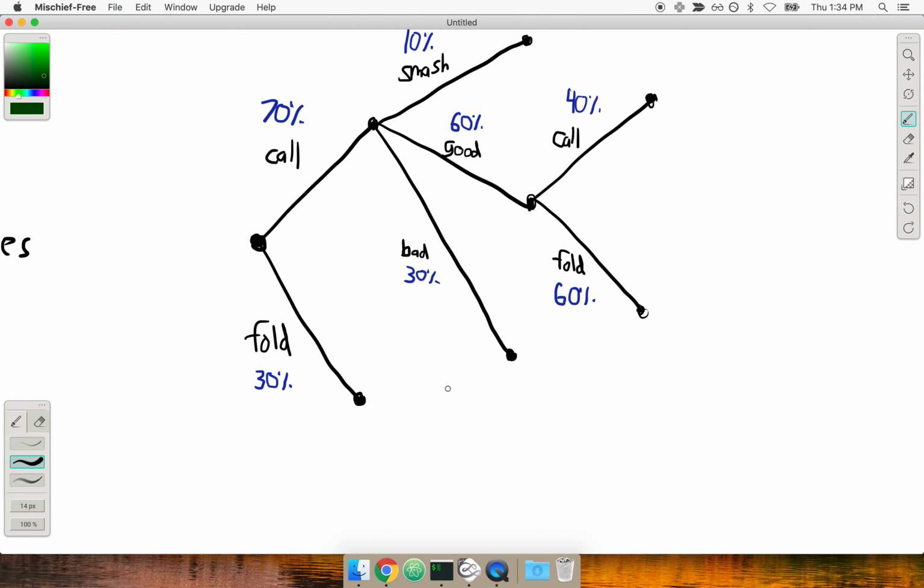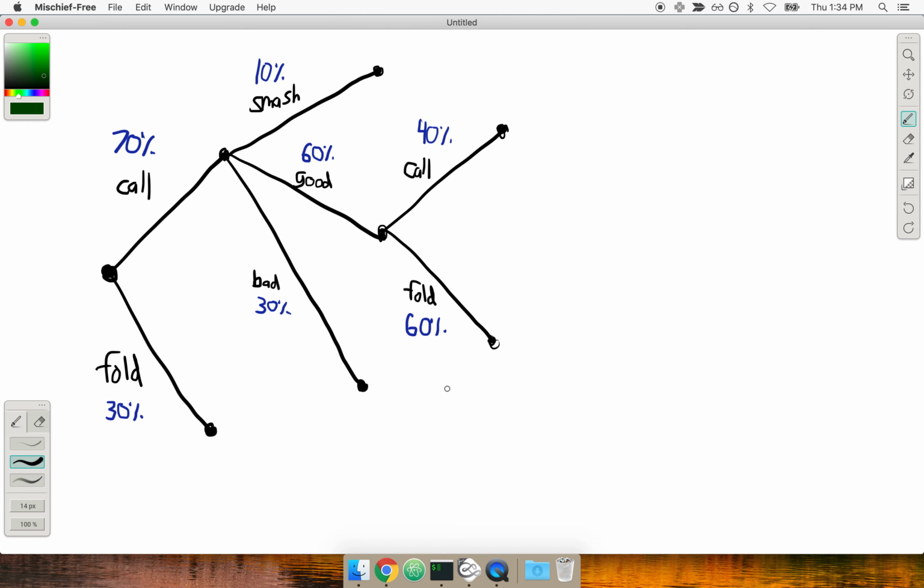Okay, so now let's talk about what we're gonna write down here. So let's say that we're playing 1-2. So the blinds are in, so the pot starts off at $3. And let's say our opponent raises to 6. So they put 6 in.